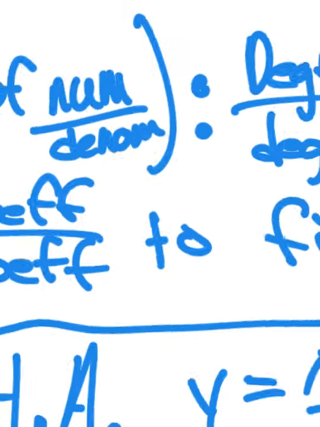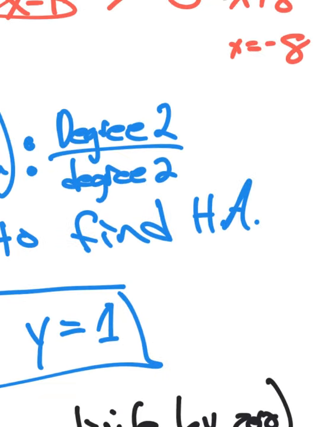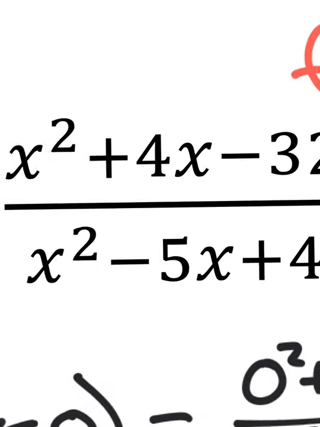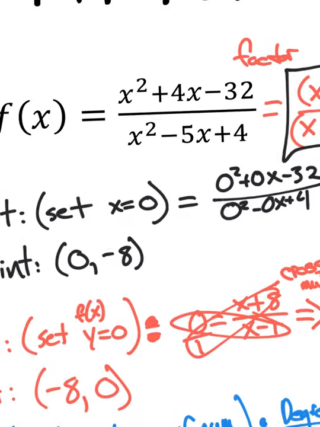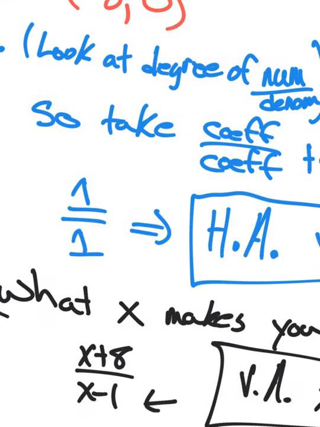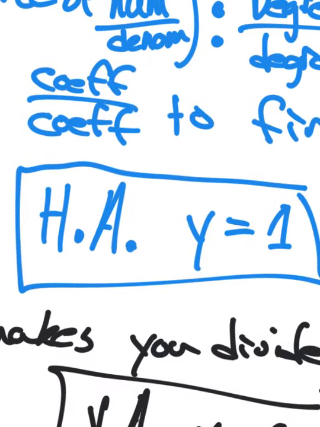Once we divide the coefficients, that will give us our horizontal asymptote. So what are my coefficients of x squared and x squared? Well, that's just 1 over 1, right? So my horizontal asymptote is y equals 1.